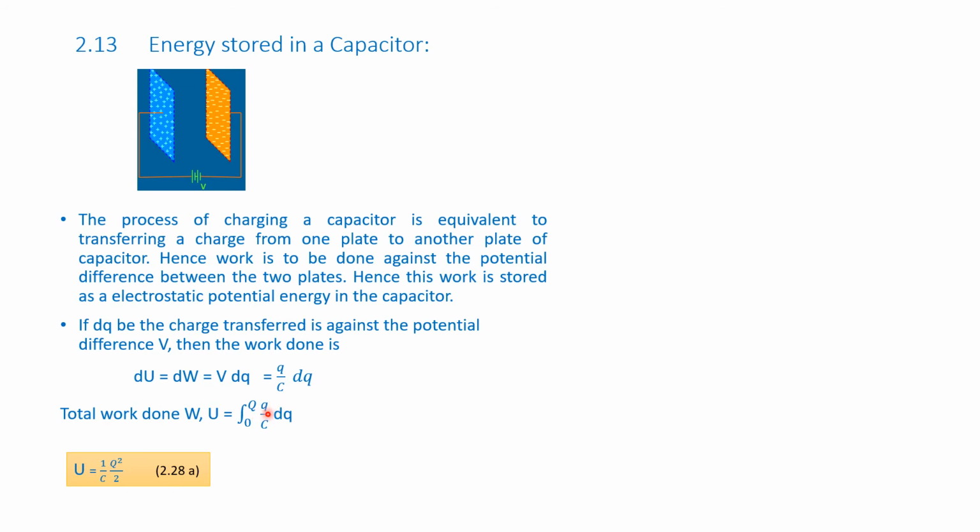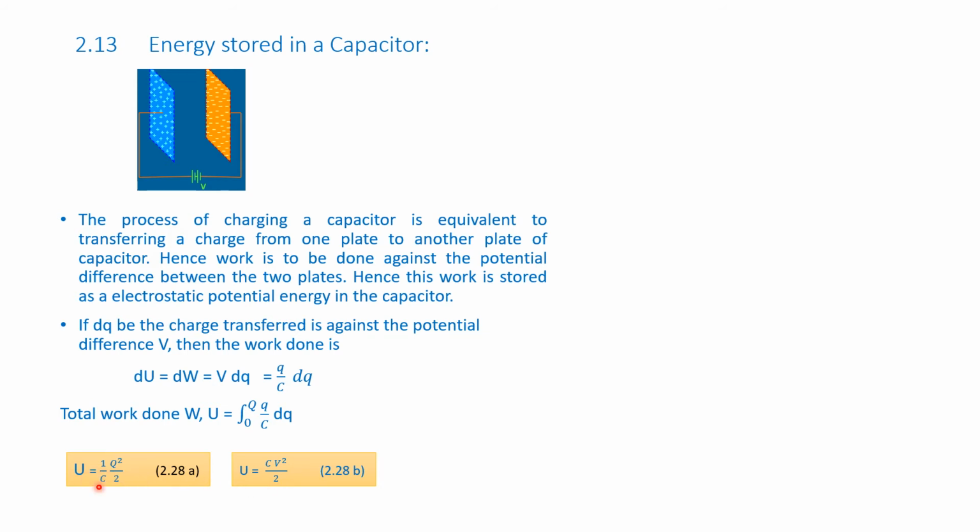So we can take C, which is a constant, outside, and integral of 0 to Q of q dq will be Q squared by 2. Hence, the energy stored in a capacitor is given by the equation U is equal to 1 over C into Q square by 2. Equation 2.28a can also be written in another form.